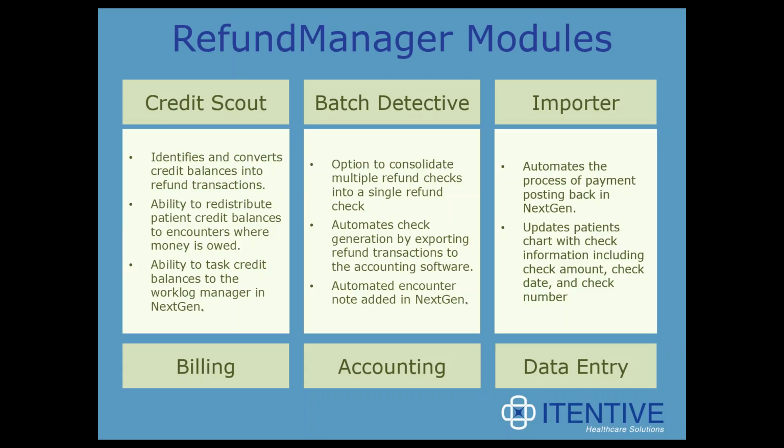So that's the module that's going to be used by the accounting folks to bring that information into the system and then print the checks. And then the Importer module is the module that's going to bring the check information, as far as check number, check date, and check amount, back over into NextGen and update the patient chart with that information.